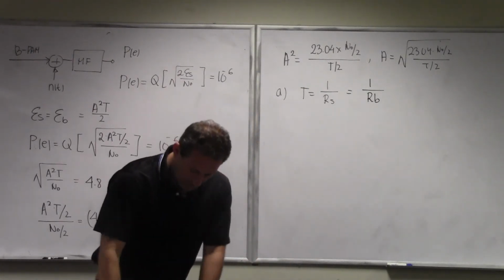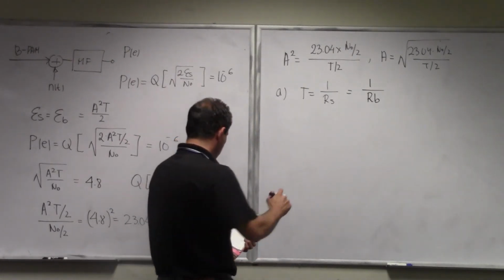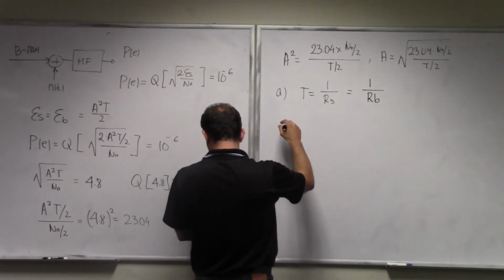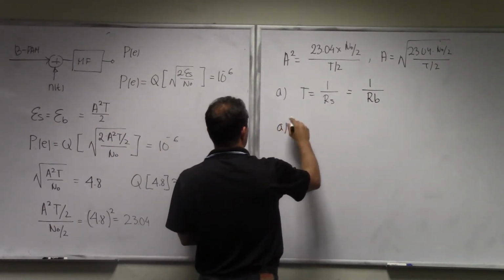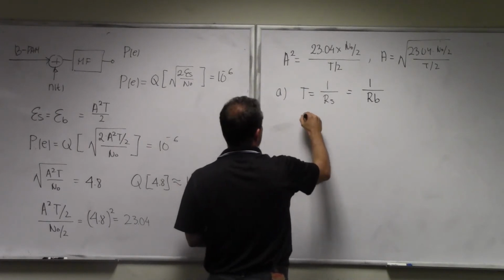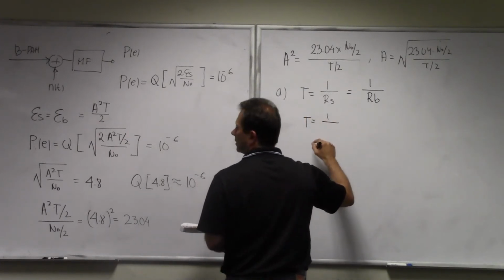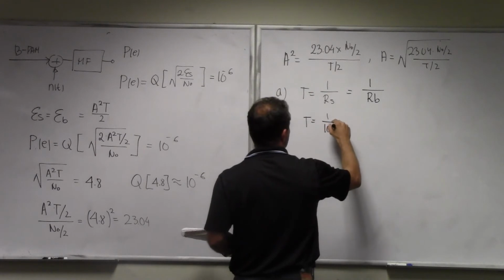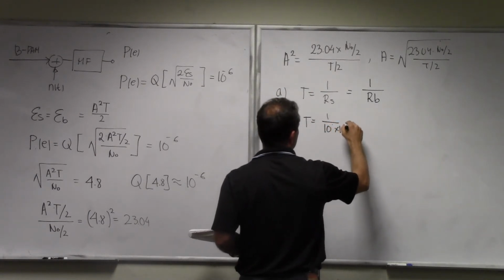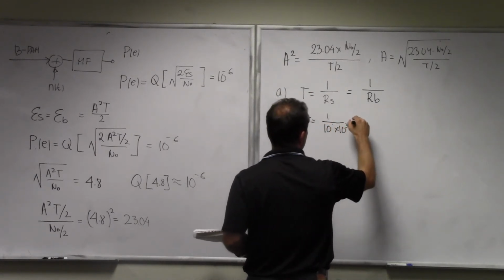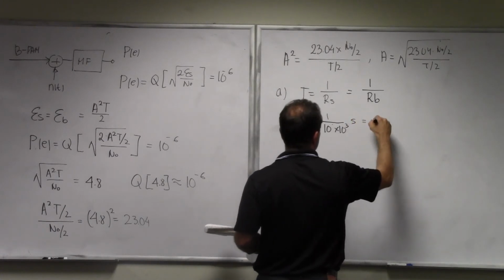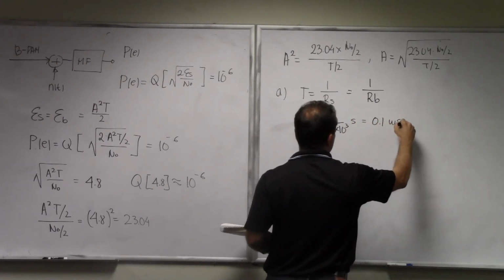So now if I substitute the values for part A, T is equal to 1 over 10 kilobits per second, 10 times 10 to the 3, in seconds, so this is 0.1 millisecond.